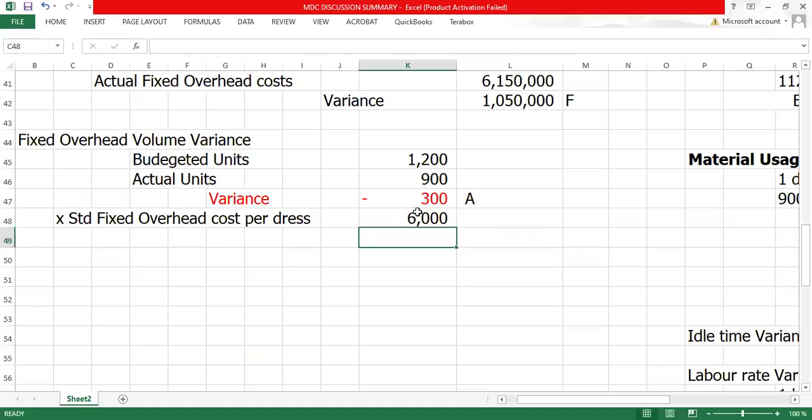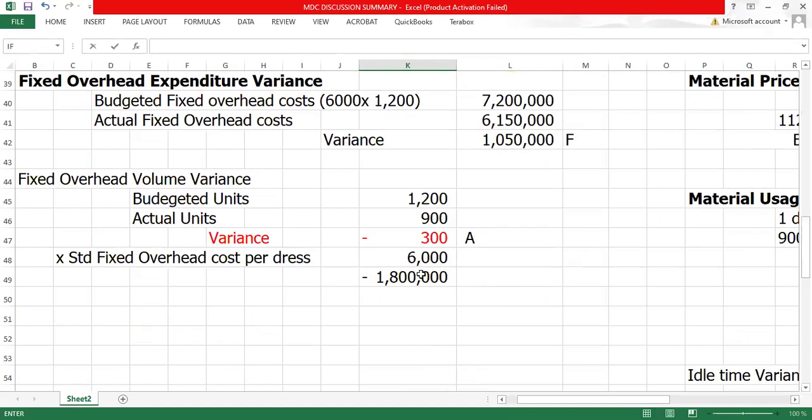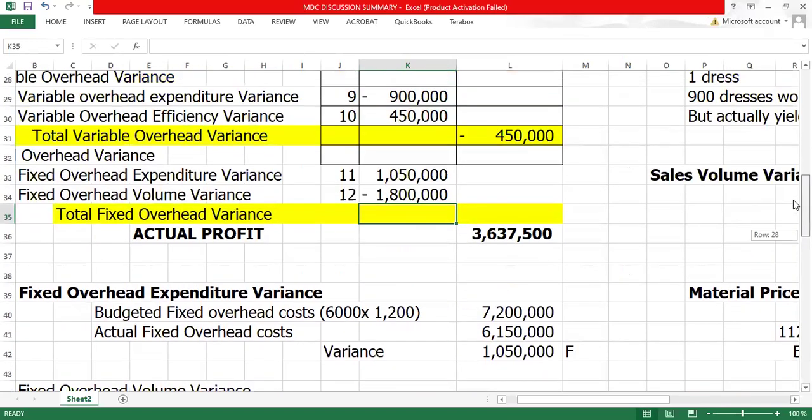All right. So when you multiply, what do you get? We get 1.8. You report this as working number 12, which is negative 1.8 million, and you're done with that number.